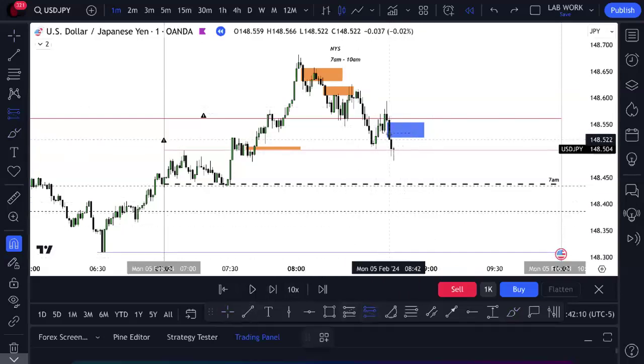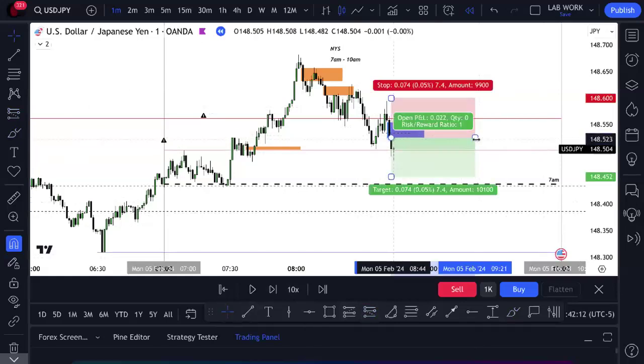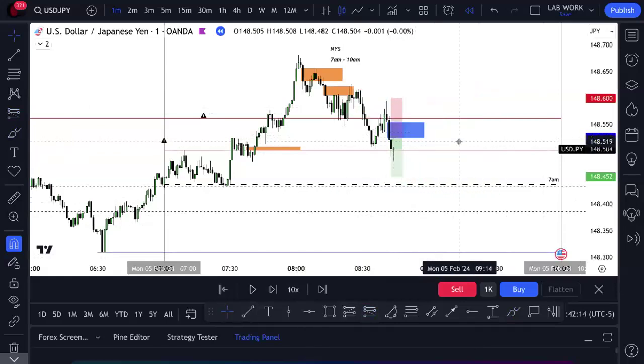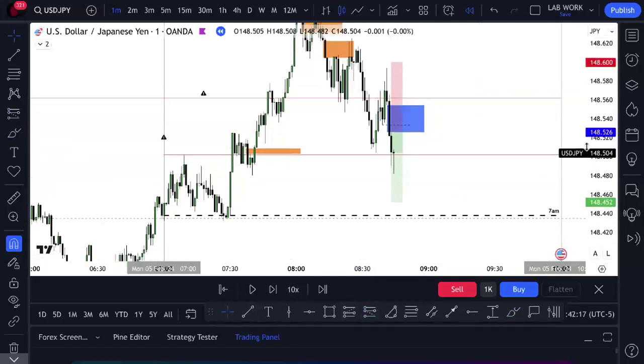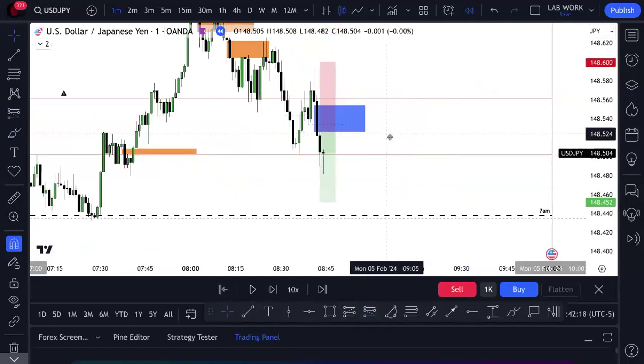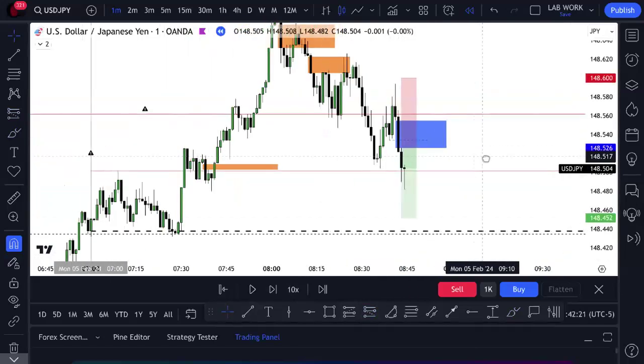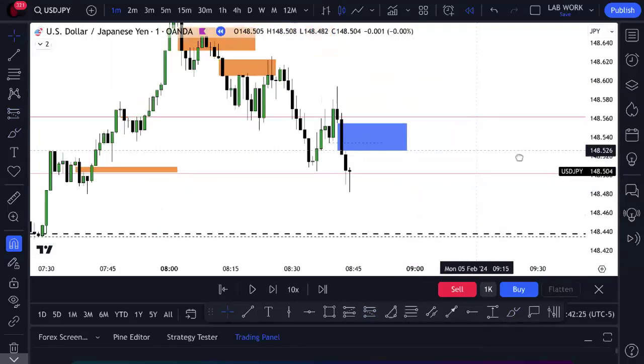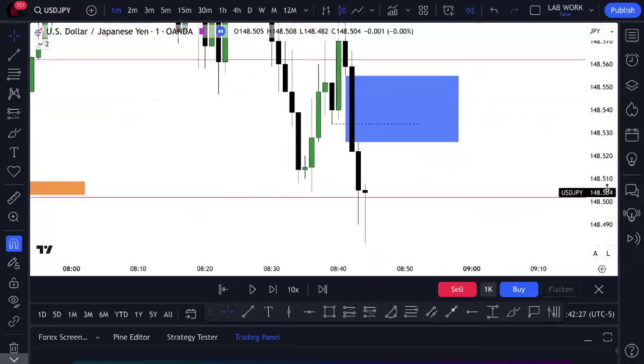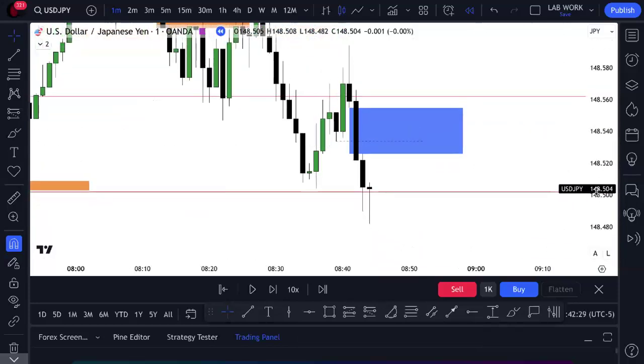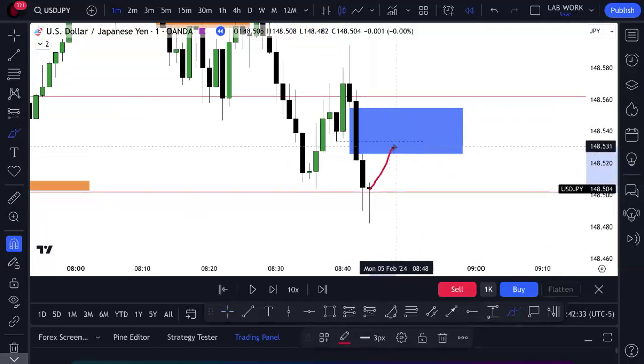So what would I do here? I would sell at the bottom of that fair value gap, the discount side. Now, I don't know how far into this fair value gap price is going to fill. Let's zoom into this fair value gap. I have no idea how far price is going to pull into this fair value gap.